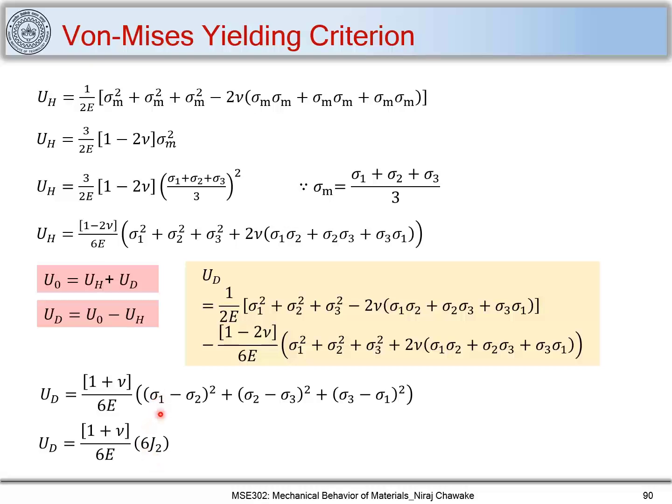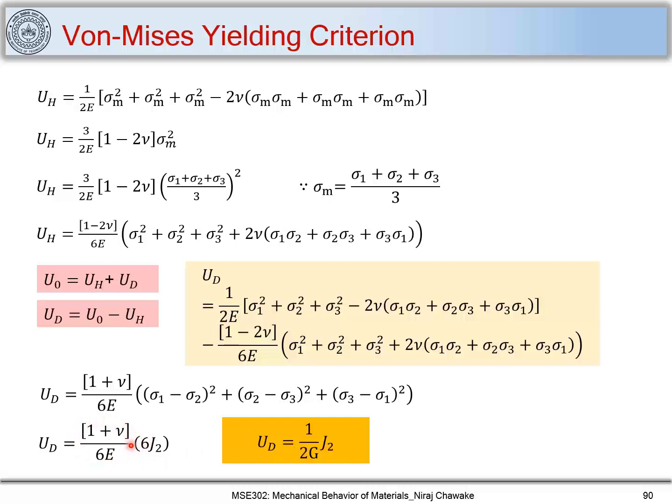So we have figured out what J2 is, and this term I can write as 6J2. You can go back and refer to our previous slides and find that this term can be written in terms of the second invariant of the deviatoric stress tensor. And ud I can write as 1 plus mu upon E into J2.